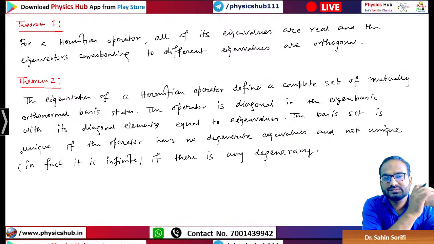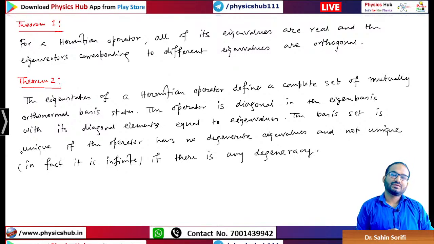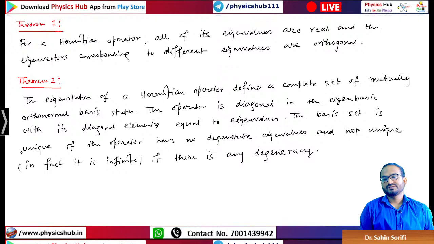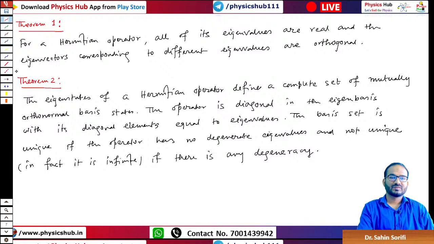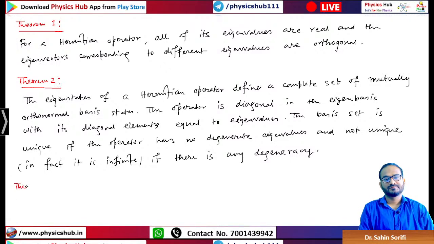The eigenstates of a Hermitian operator define a complete set of mutually orthonormal basis states. The operator is diagonal in the eigenbasis with its diagonal element equal to eigenvalues. The basis set is unique if the operator has no degenerate eigenvalues, means non-degenerate eigenvalues, and not unique, in fact it may be infinite also, if there is any degeneracy. So this is the second theorem. Let's go for the third theorem. Theorem 3.